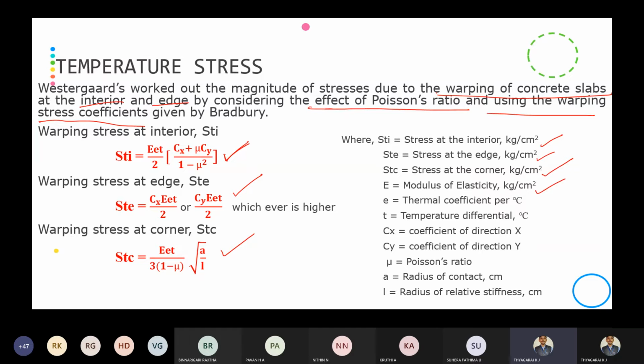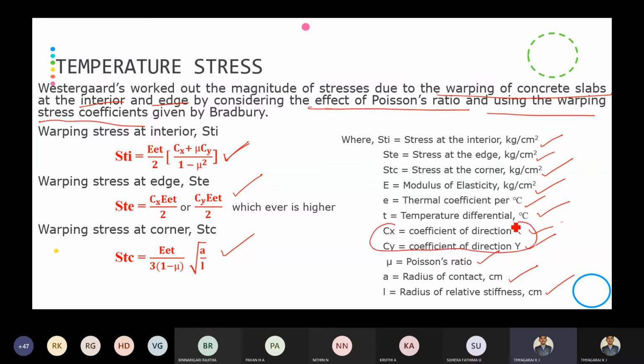E is the elastic modulus, Young's modulus of the cement concrete. Small e is the thermal coefficient, t is the temperature differential, that is the temperature difference between the top of the slab and bottom of the slab, Cx is the coefficient in the X direction, Cy the coefficient in the Y direction, mu is Poisson's ratio, a is the radius of contact, and l is the radius of relative stiffness.